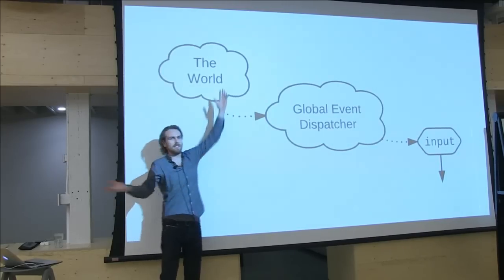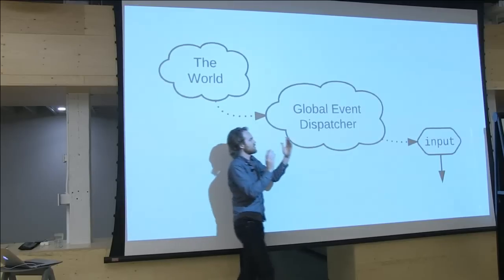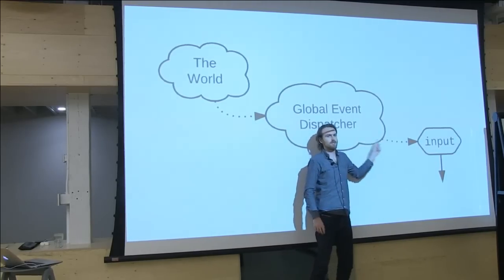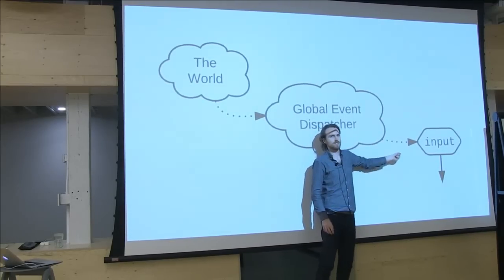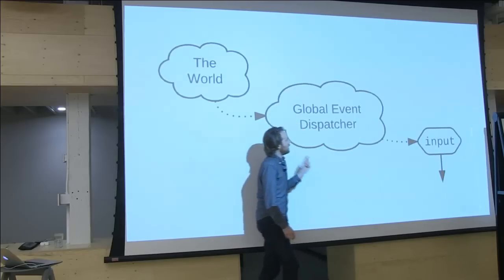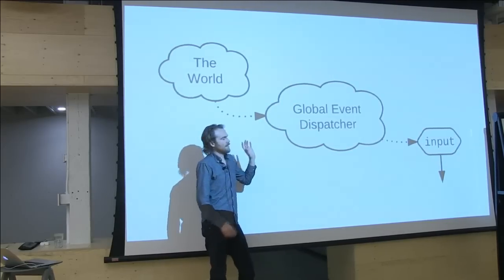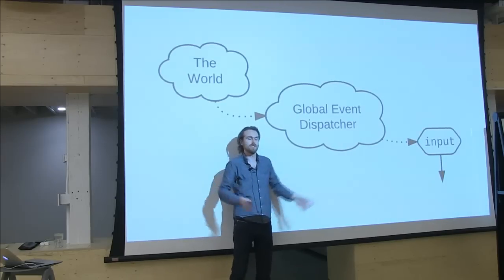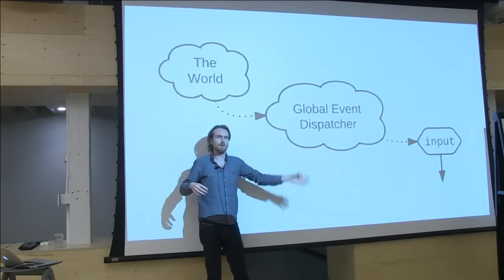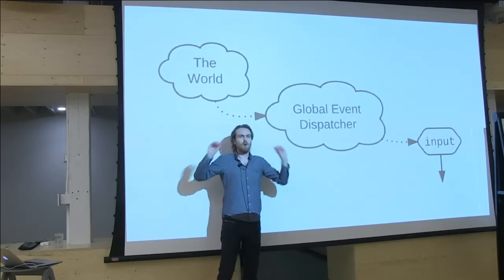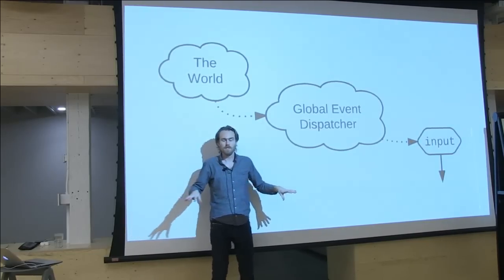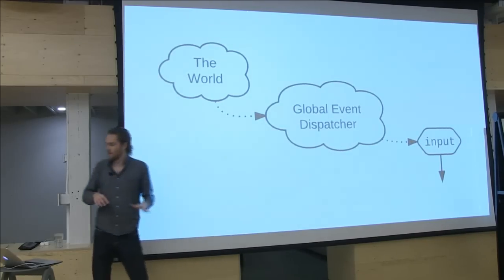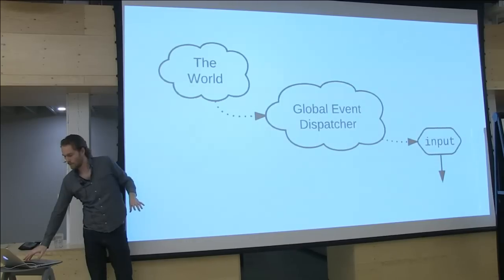That is basically a big funnel, and it spits out nicely ordered events on the other side. It actually broadcasts those events to all of the different inputs. So let's say you have mouse position and mouse clicks. All of them get all of the events, and you'll see why in a minute.